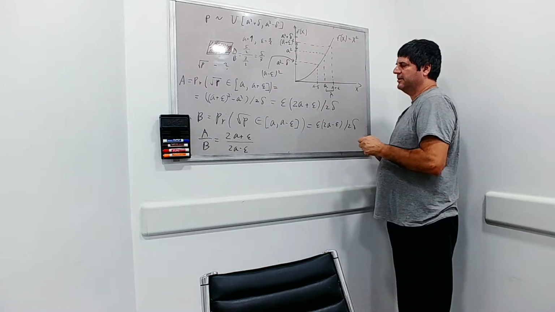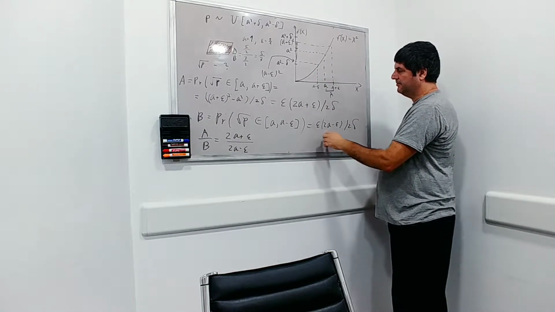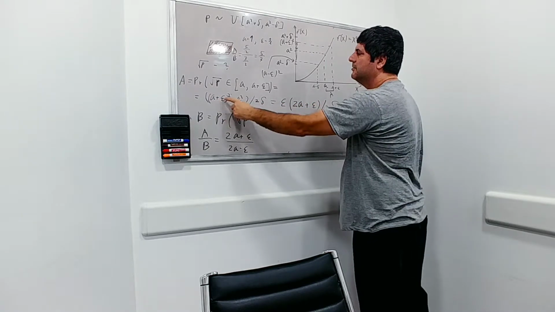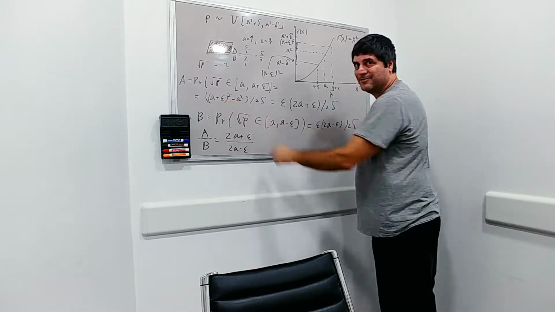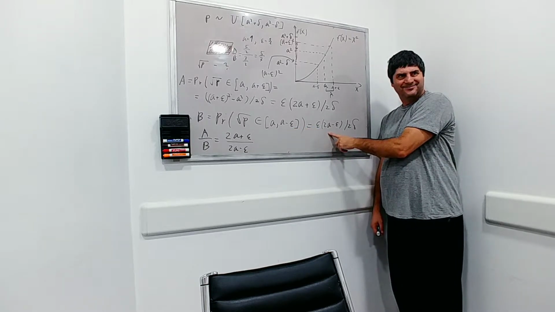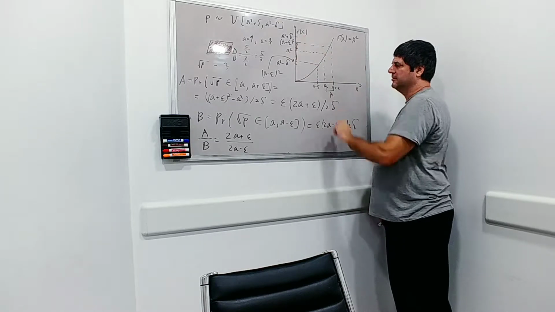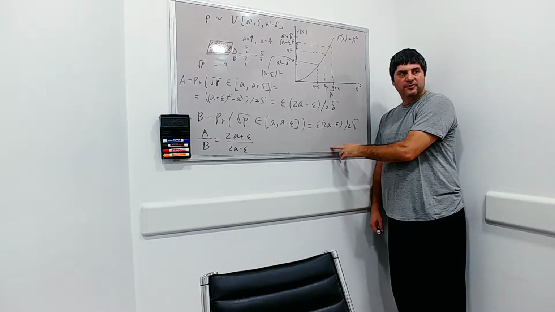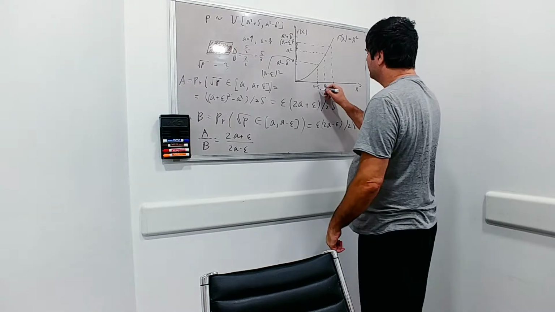The probability of getting here is a squared minus a minus epsilon squared, and that's this, okay? Over the same length of the segment. So these are the probabilities, because we're talking about uniform probabilities. So this is the probability of getting to B.